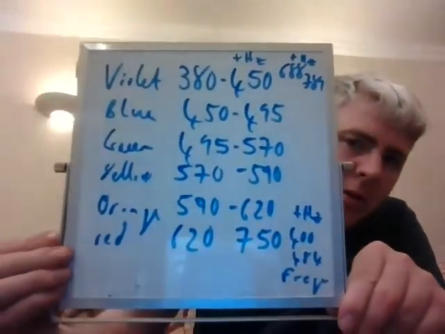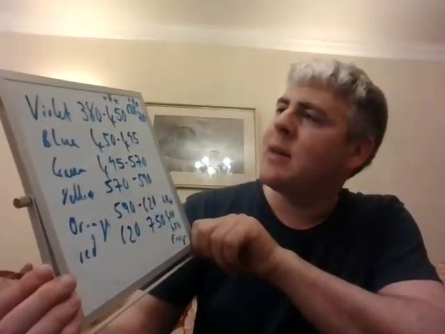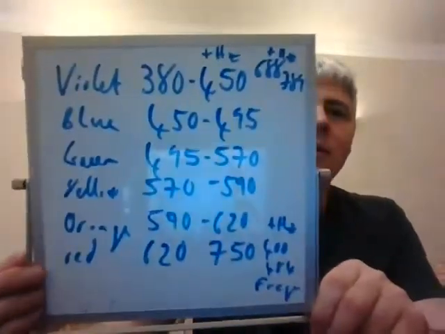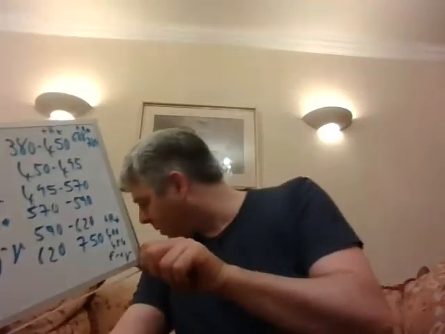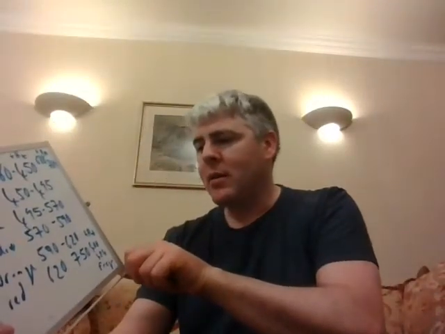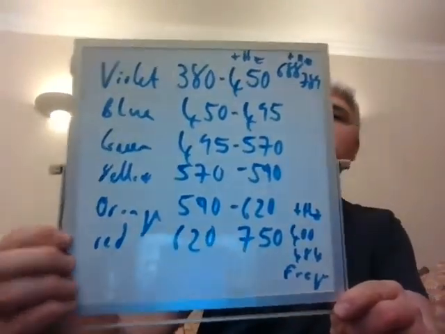So 688 to 789 THz at the top left of your screen, and at the bottom 400 to 484 THz frequency. That's the wavelength and frequency of visible light.